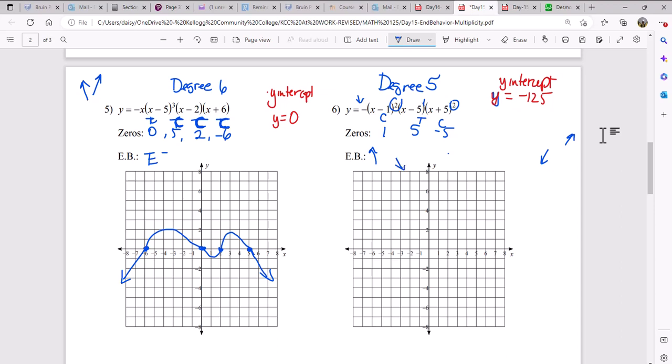So let's put our roots at 1, at 5, and at -5. I know from the first root I'm going to go up this way. From the second root I'm going to go down this way. And it's going to be touching at 1, it's going to be crossing at 5, and it's going to be touching at -5.